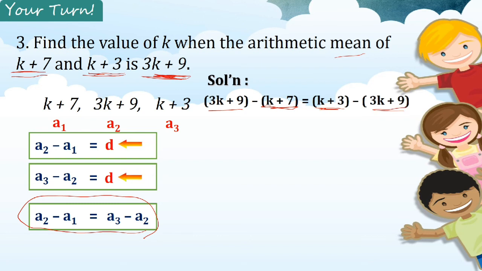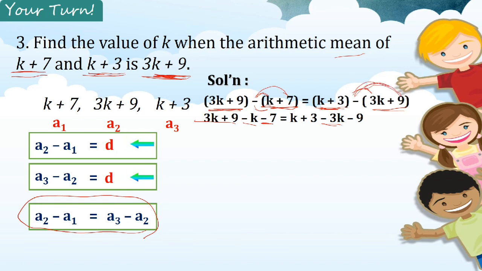And then, distribute. Okay, copy lang natin ito, 3k plus 9, and then, negative times k is negative k, negative times 7 is negative 7, equals, copy this one, k plus 3, negative times 3k is negative 3k, negative times 9 is negative 9.